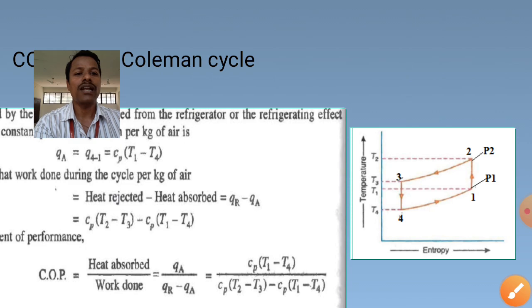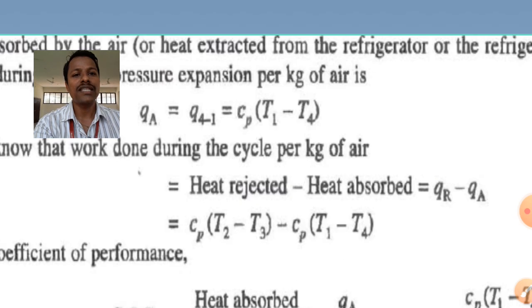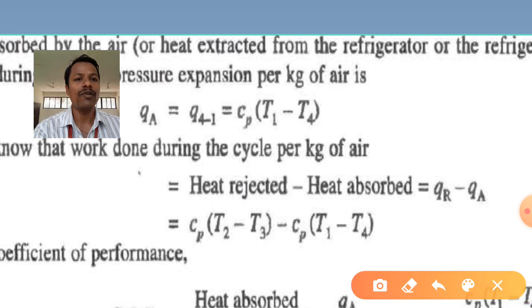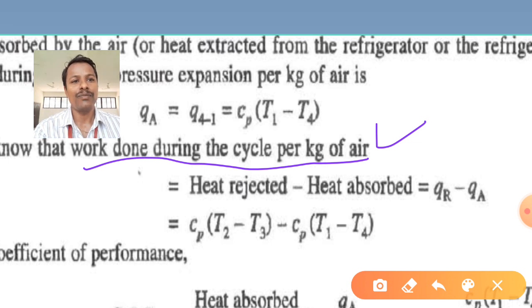The discussion was according to the basic thermodynamics concept, because in any cycle the algebraic sum of all the work interactions is equal to the algebraic sum of all the heat interactions. The same concept we have applied here. Therefore, work done during the cycle per kg of air.